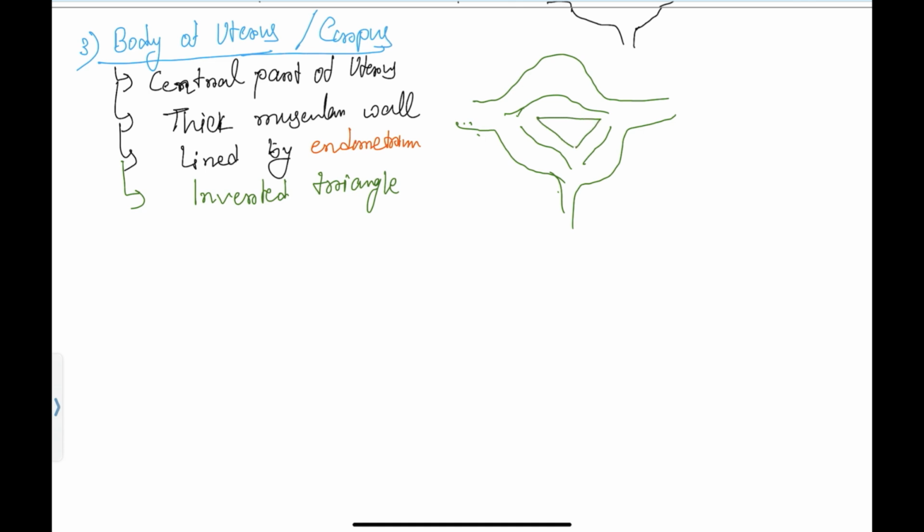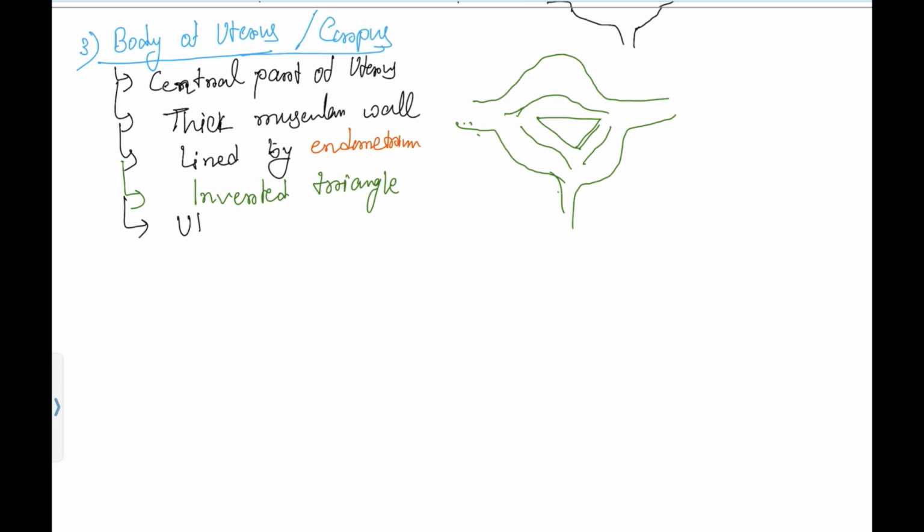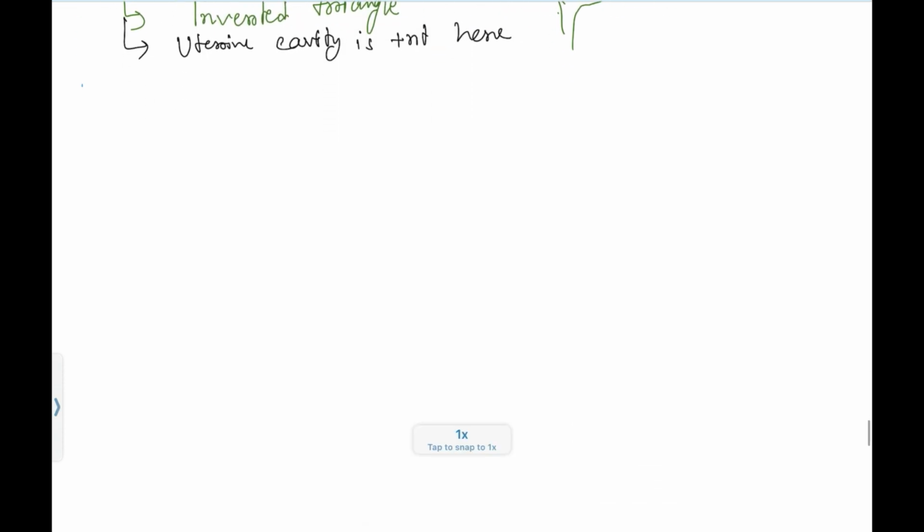See, this is an inverted triangle, right? So this is the body of the uterus, and the uterine cavity is present here. So that's all you need to remember from the body of the uterus.